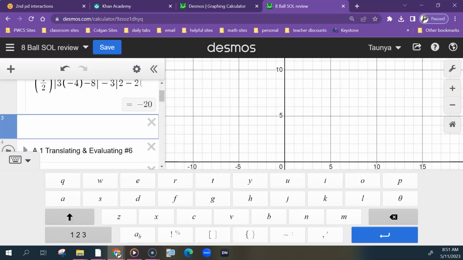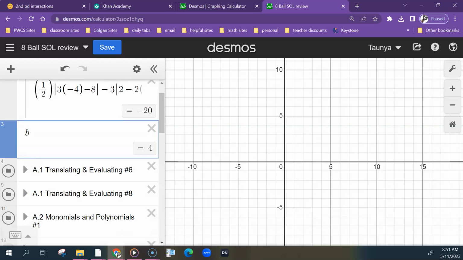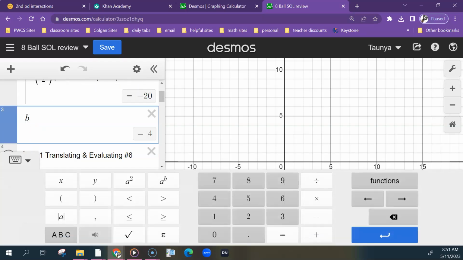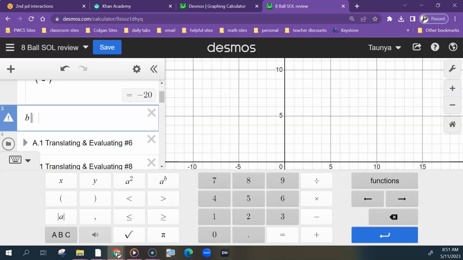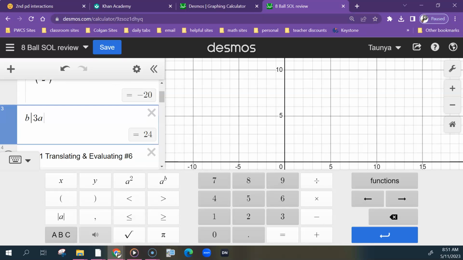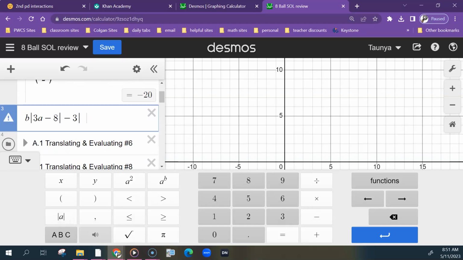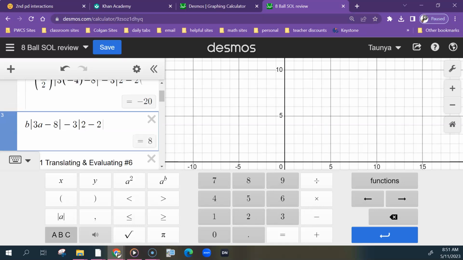So let's say I just use the variables instead. B, absolute value, 3A, minus B, absolute value, minus B, absolute value, minus B.